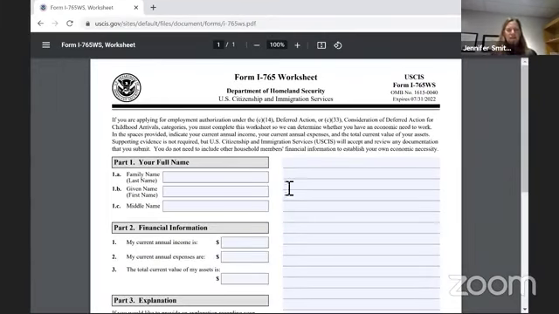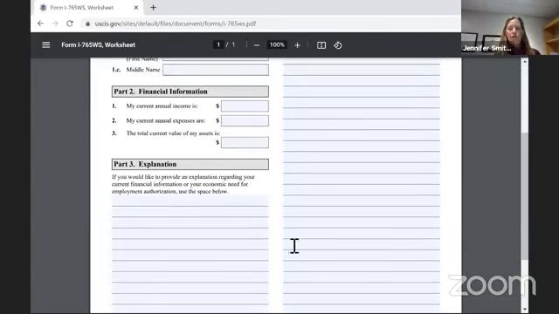Okay. So, it's one page, una página, una hoja. It's your name, it's your income information, and it's a short space to write why you want a work permit under DACA.